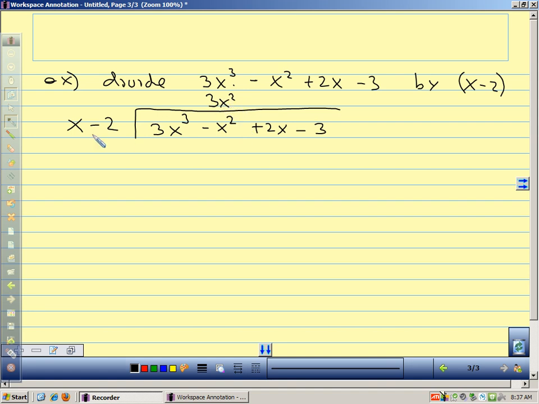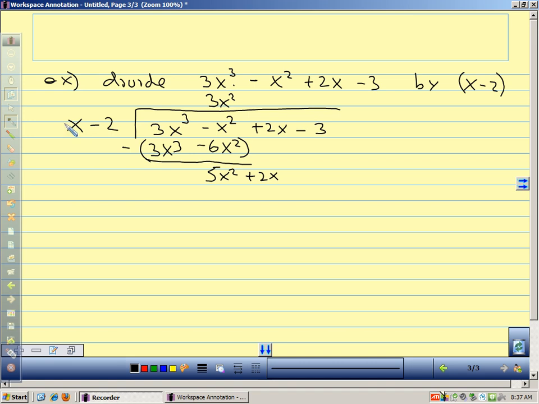So 3x squared times negative 2 is minus 6x squared. 3x squared times x is 3x cubed. And remember, I'm going to subtract here. So 3x cubed minus 3x cubed is 0. Minus x squared minus negative 6x squared, 5x squared. Bring down the plus 2x.